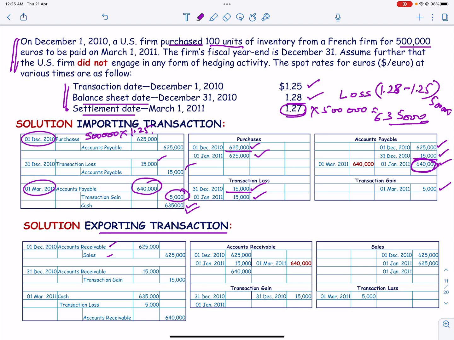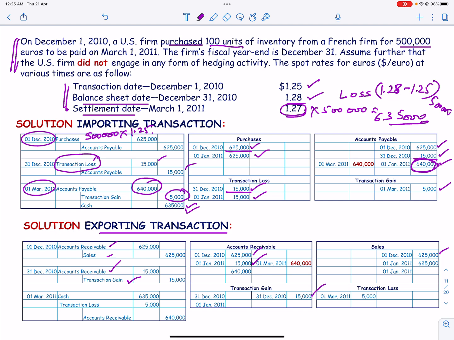So we have receivables of 625 and we have sales of 625. Then on 31st December, when we were purchasing, we had a transaction loss, and now this becomes a transaction gain, and payable will be a receivable now. So receivable is debit by 15,000 and transaction gain is credit by 15,000.